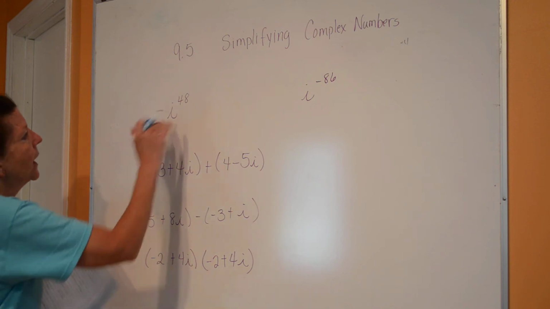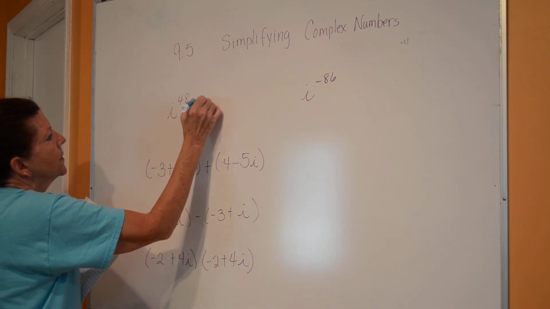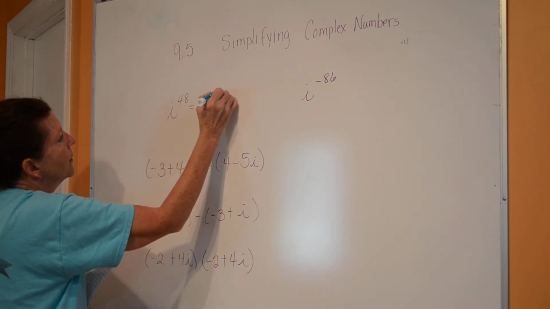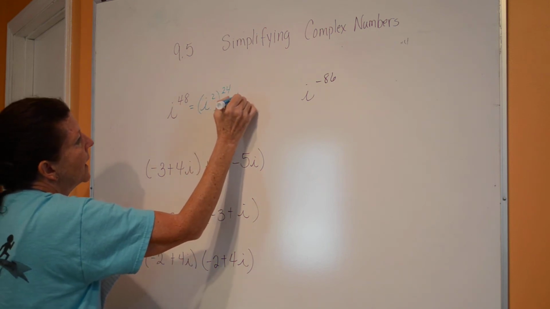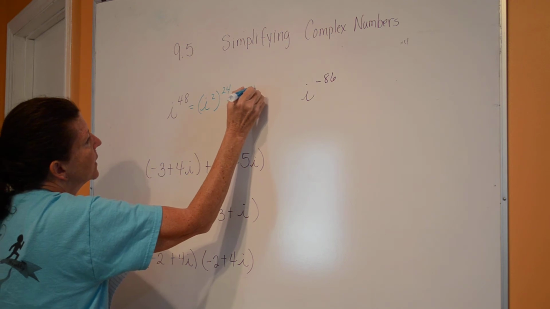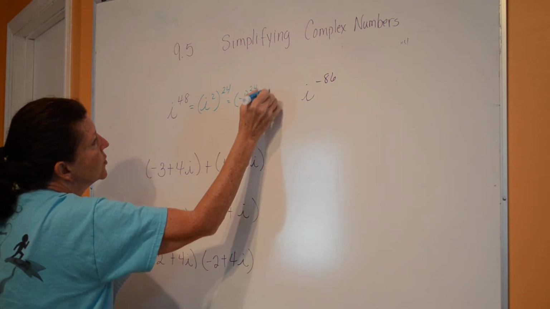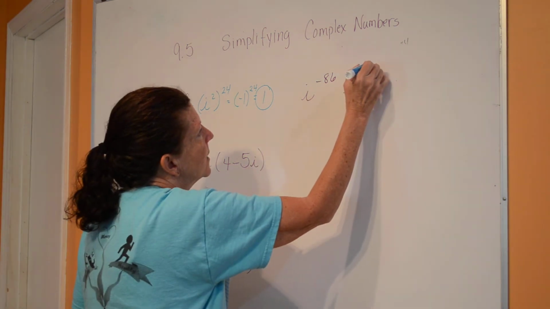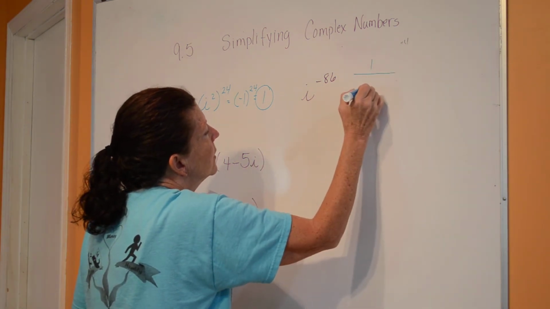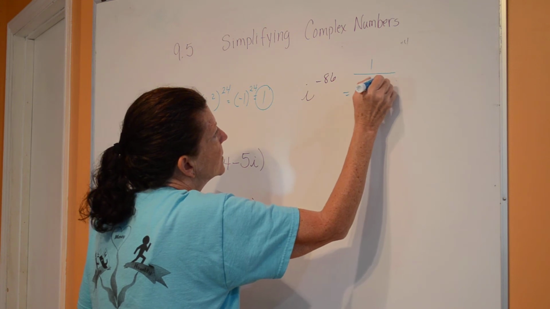On this one, I would write it as a power of 2. So I have i squared raised to the 24th power, which is going to give me -1 raised to the 24th power, or just 1. This one over here is the same as saying 1 over i to the 86th power.